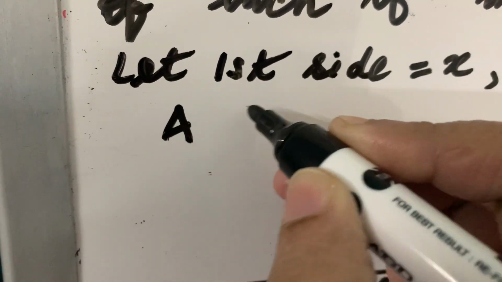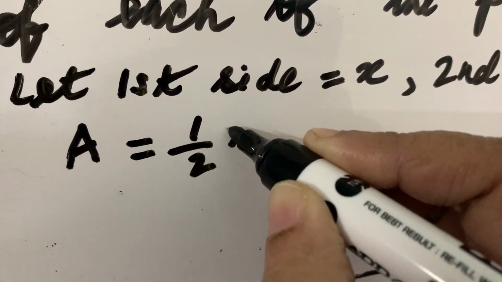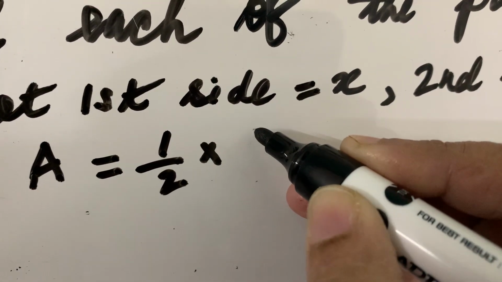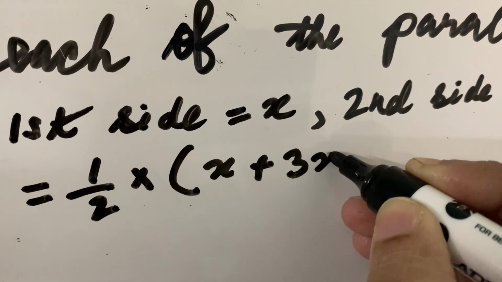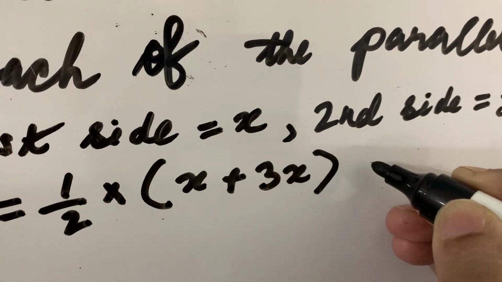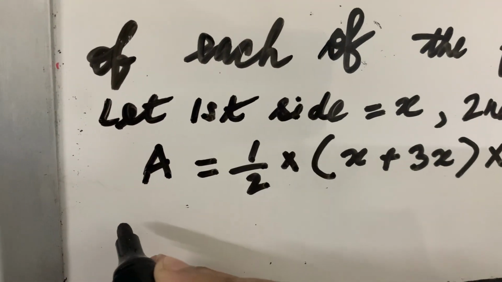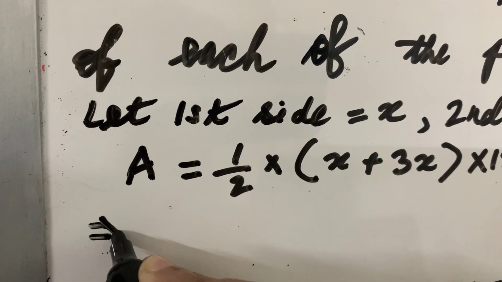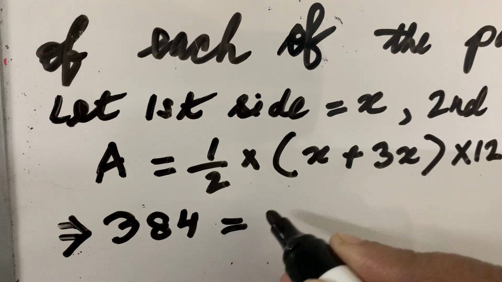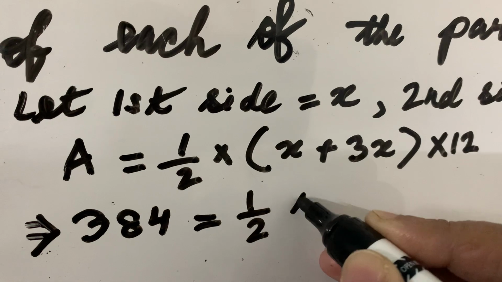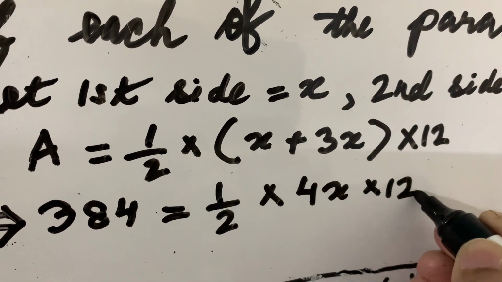So area equals half into sum of the parallel sides. So what are our sides? x and 3x into the height. What is the height given? Height given is 12 centimeters. We also have the area as 384. So 384 equals half into x plus 3x is 4x into 12.